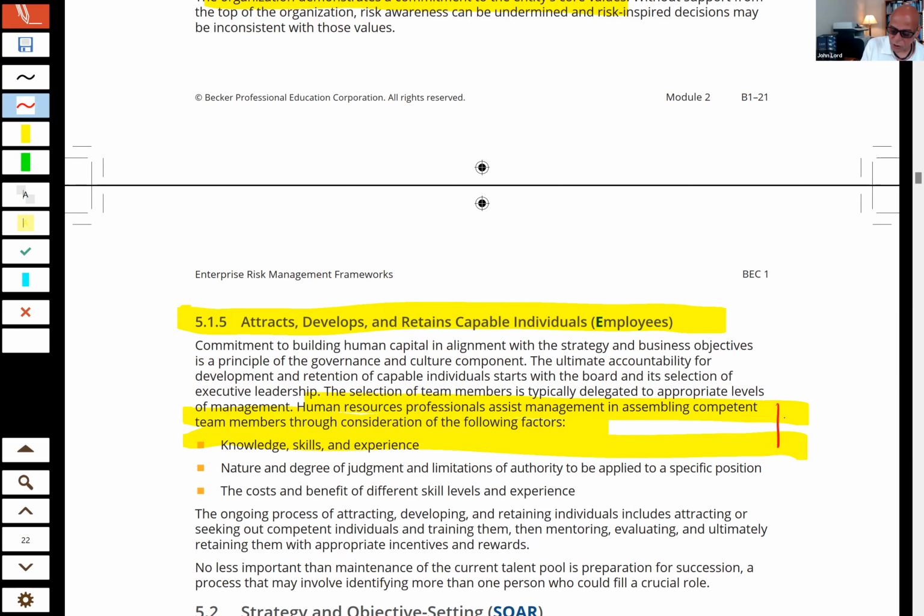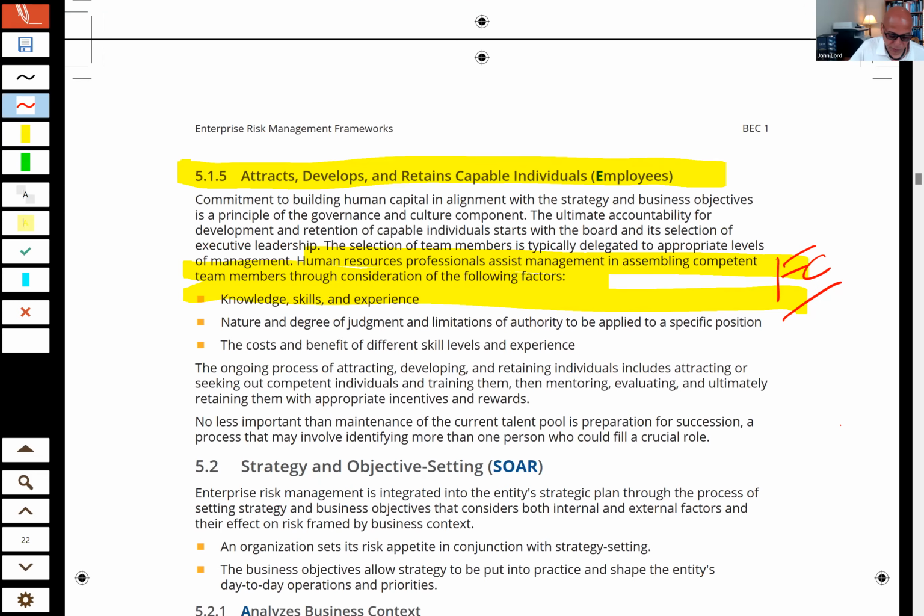So go ahead and flashcard that an important component or principle underneath our governance is developing our human resources, hiring and developing individuals that embody what our core objectives are, what our culture is, etc.